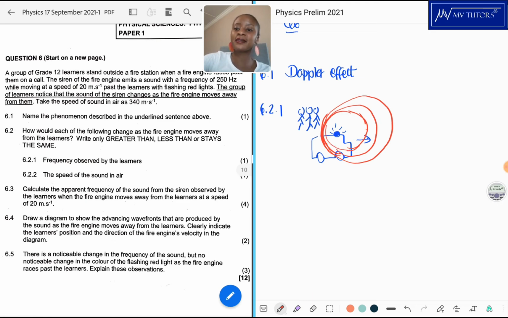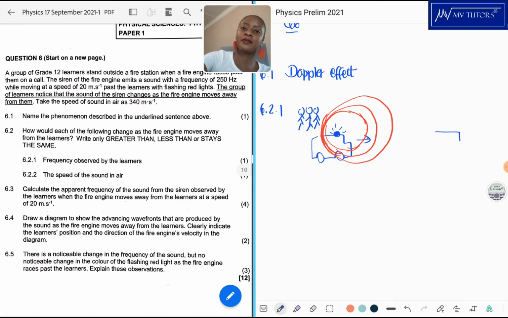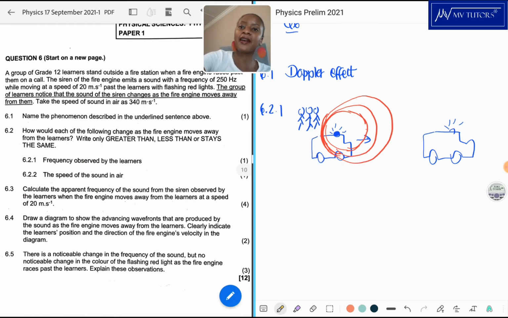But once the truck has moved away from them, now the spacing of the wavelength is getting bigger and bigger as it moves away.